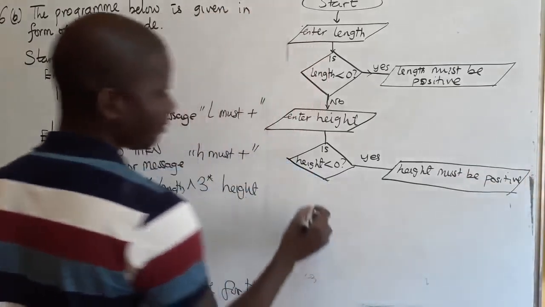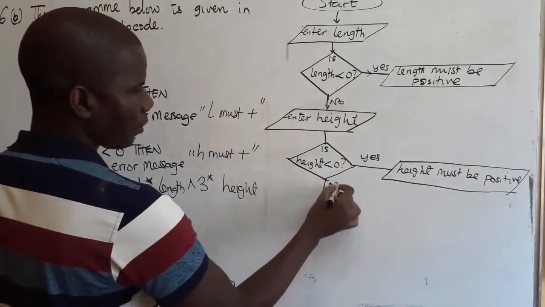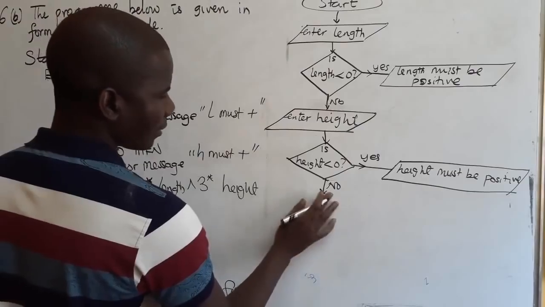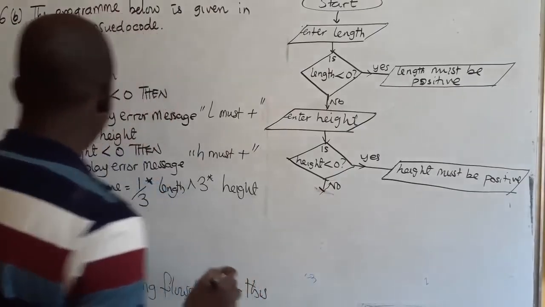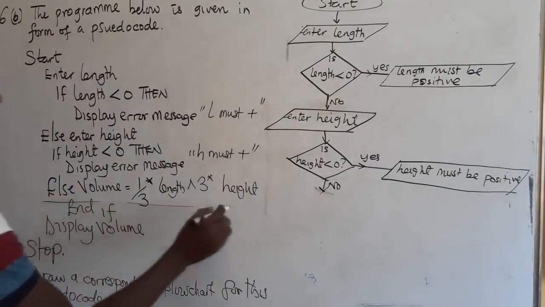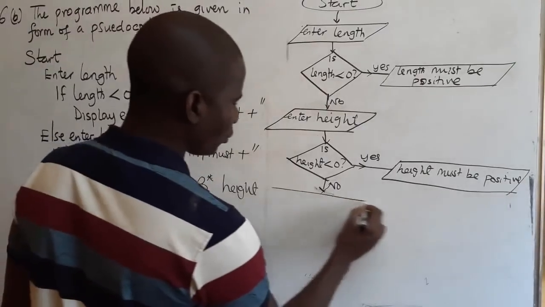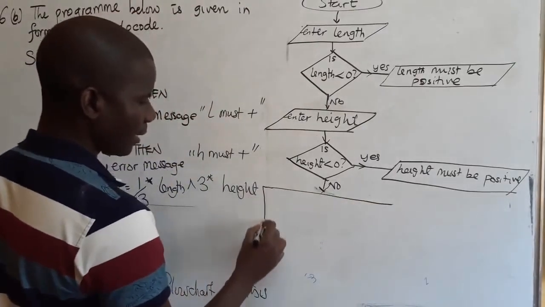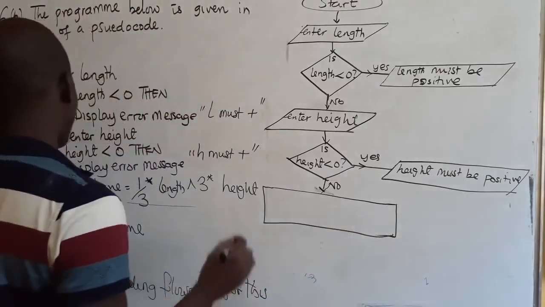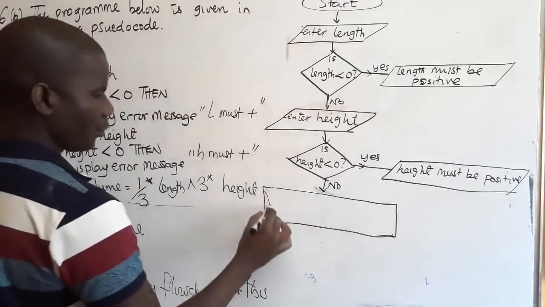Else, which is a no. These are arrows. Else, now we need to process this. So at this point, we need to use the rectangle box.